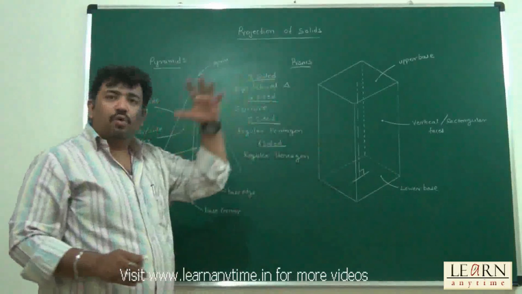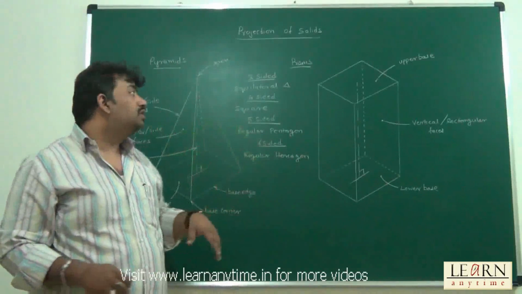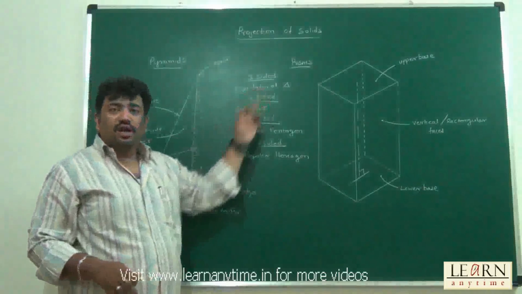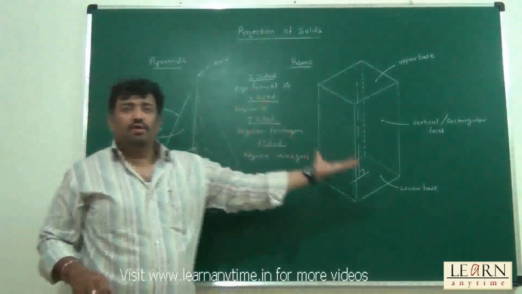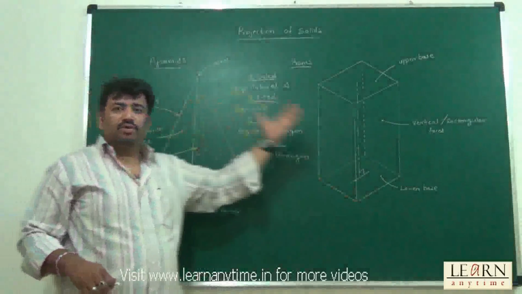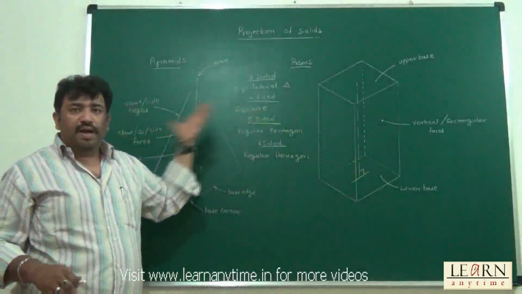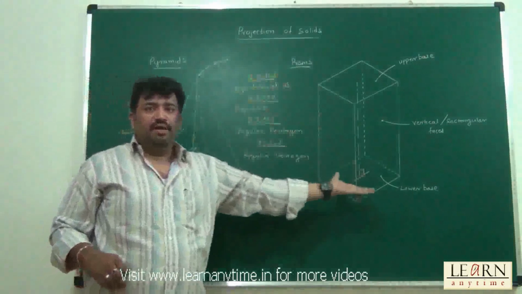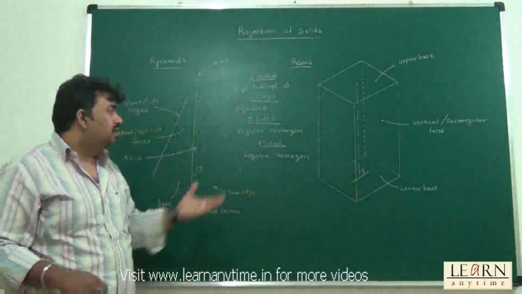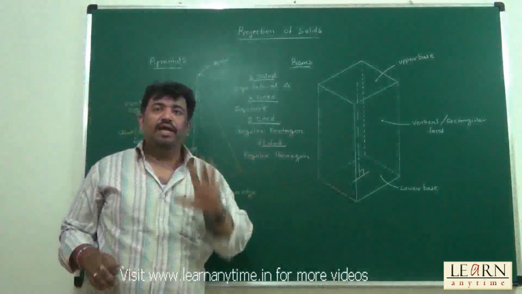Now if we count the different number of solids that are possible in the projection of solids chapter: first, triangular pyramid, triangular prism, 2 solids. Square pyramid, square prism, 4. Pentagonal pyramid, pentagonal prism, 6 solids. Hexagonal pyramid, hexagonal prism, 8 solids.